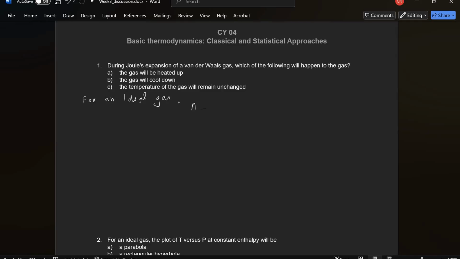For an ideal gas, the Joule's expansion coefficient is also dT by dV at constant internal energy.